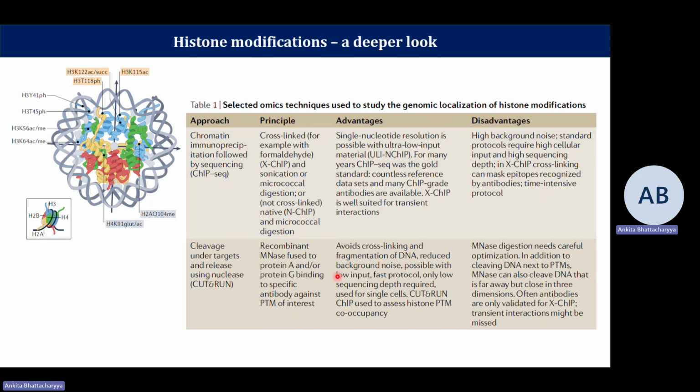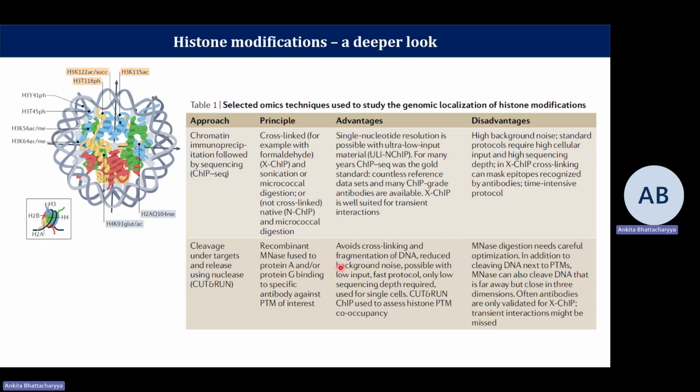Basically, you use some regions which are fragmented, which are cut. It involves the use of an MNase, which is a recombinant version of the micrococcal nuclease, fused to protein A or G, which is able to bind to your antibody of interest. And that antibody is specific to your post-translational modification of interest.